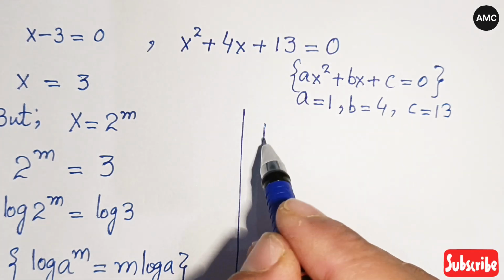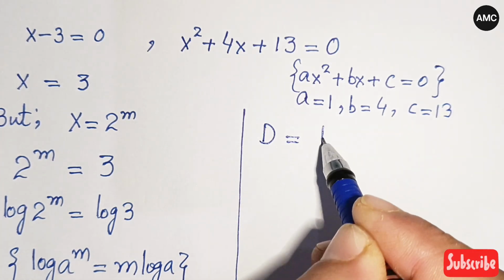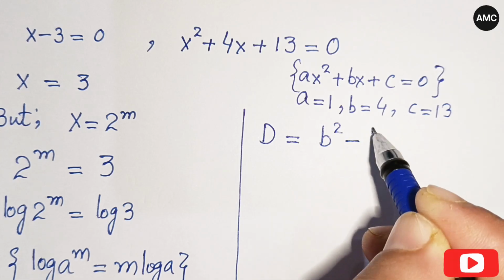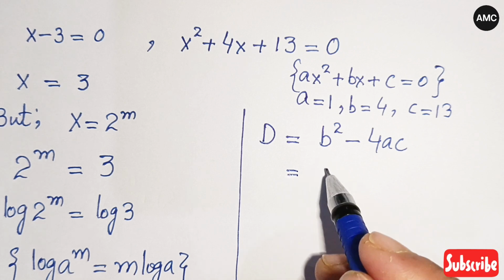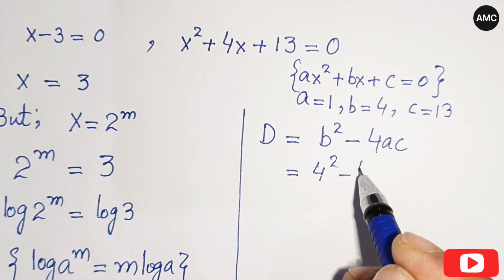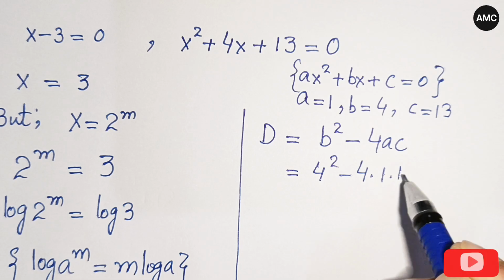The determinant is given by b squared minus 4ac. So here b is 4, squared, minus 4 times a is 1, c is 13.